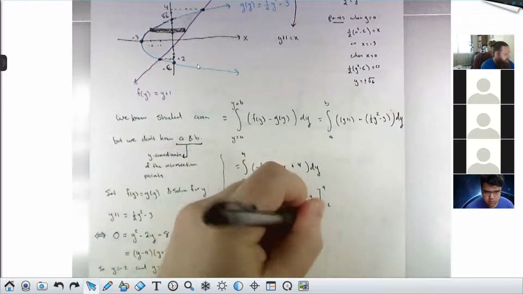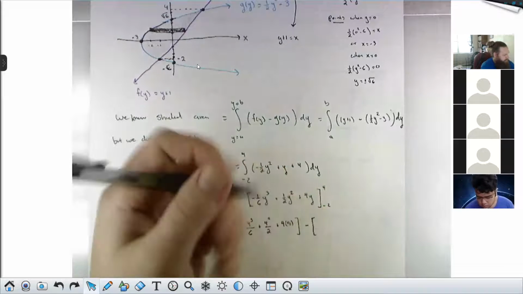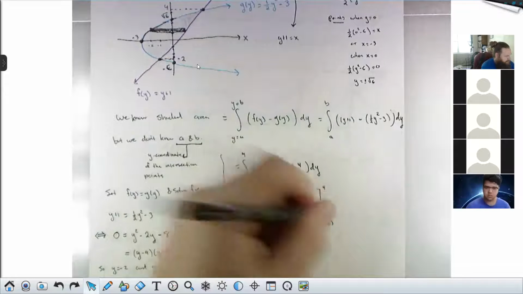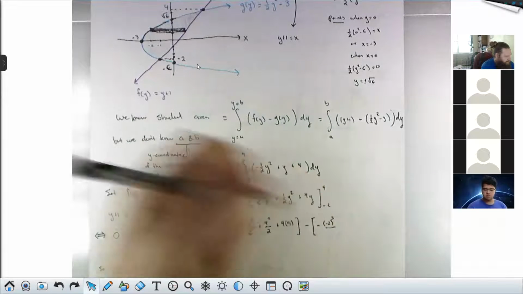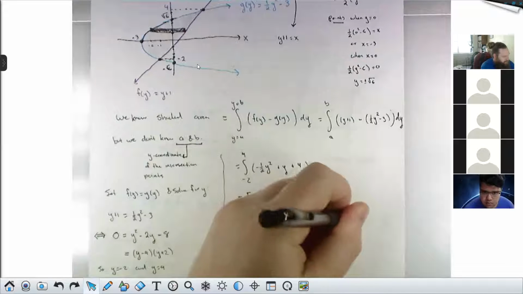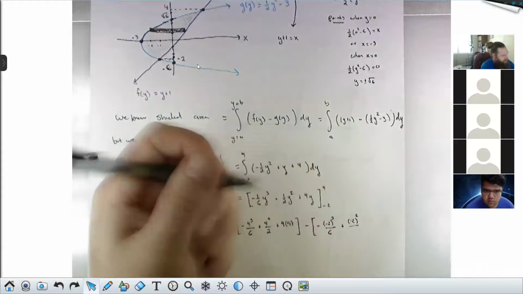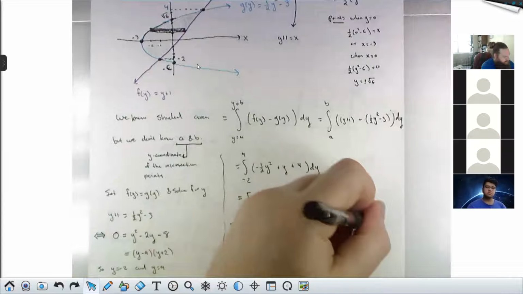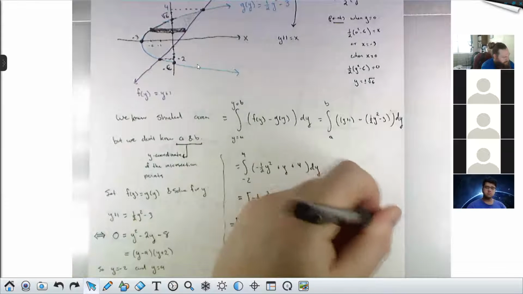And then I'll subtract from that what I get when I plug in -2, which is going to be -2 cubed over 6 plus -2 squared over 2 plus 4 times -2.